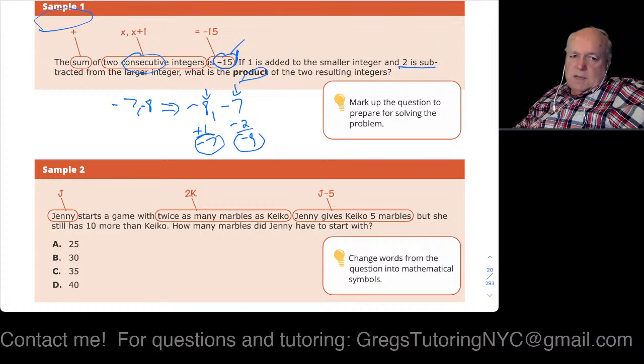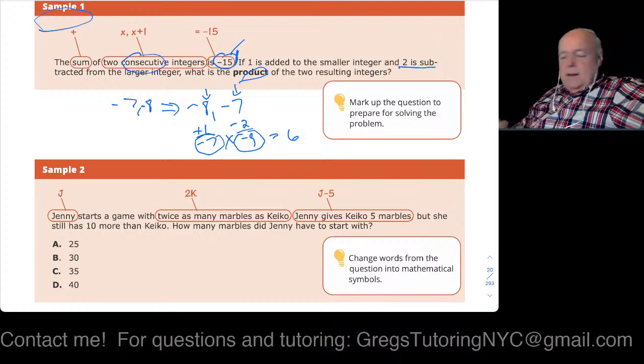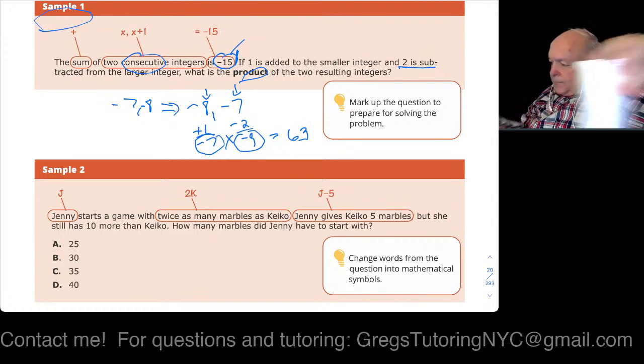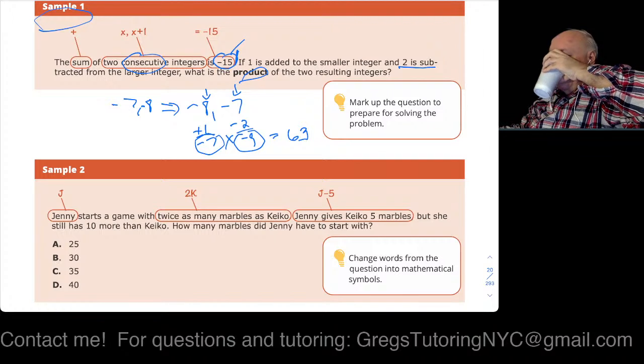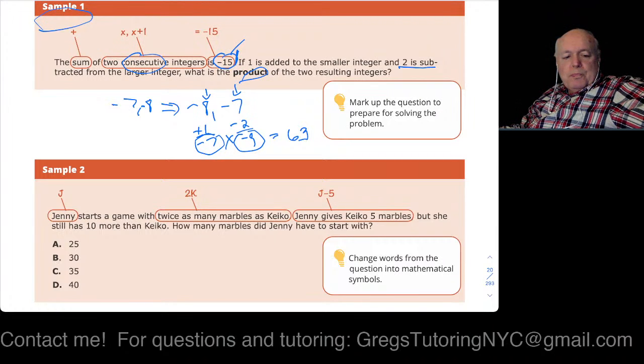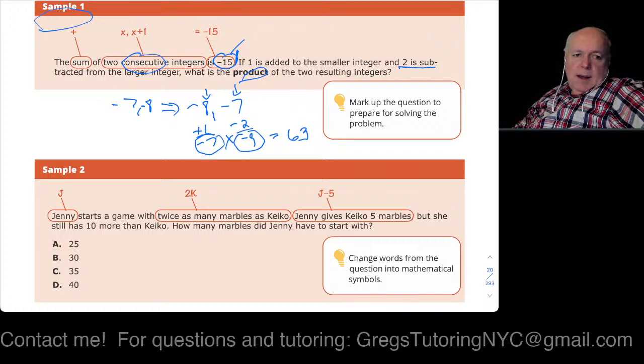This becomes a multiplication table issue, and you get positive 63. So that would be one way to solve that. Now that we have the 2 numbers, let's run it through the problem again.